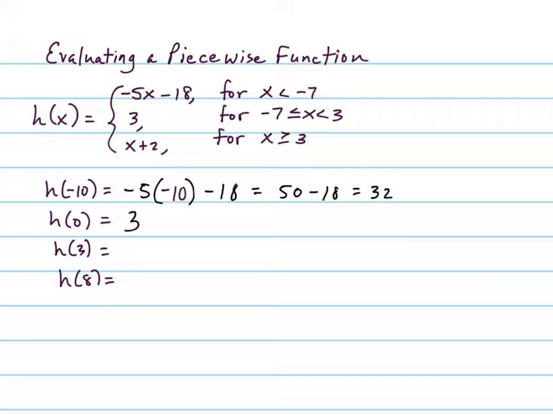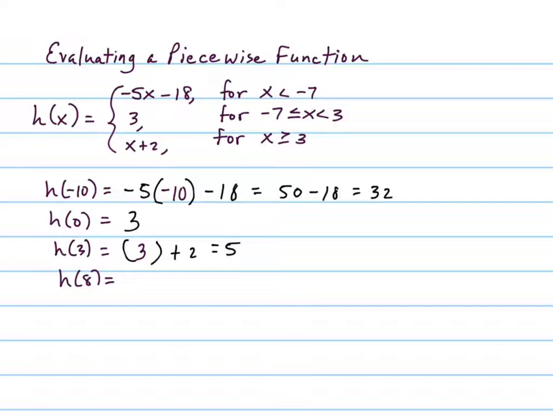Okay, so h of 3, notice that would fall into this piece where x is greater or equal to 3. And so we're going to use x plus 2. And let's plug in an input of 3. And so our answer there is going to be 5.